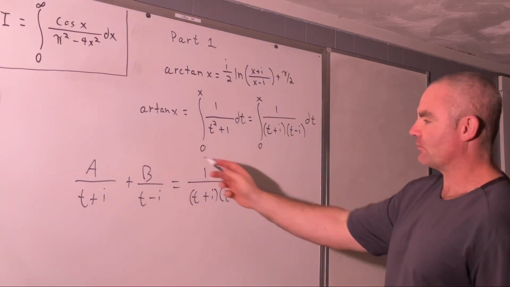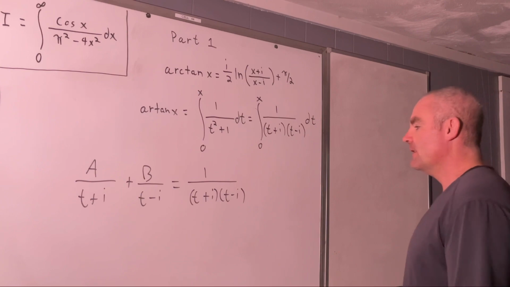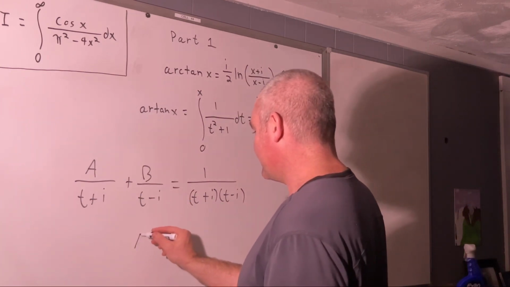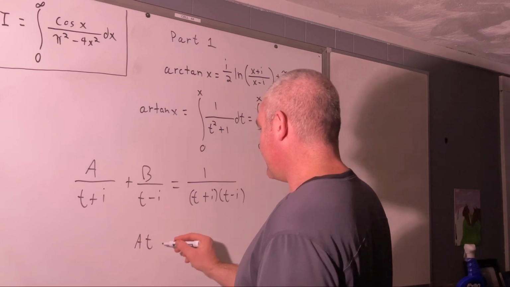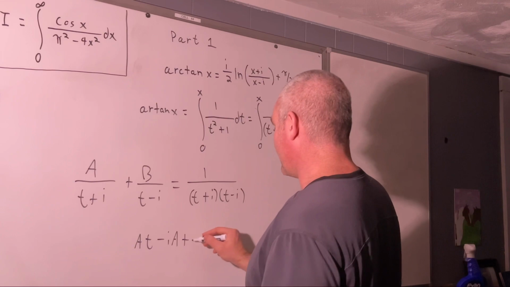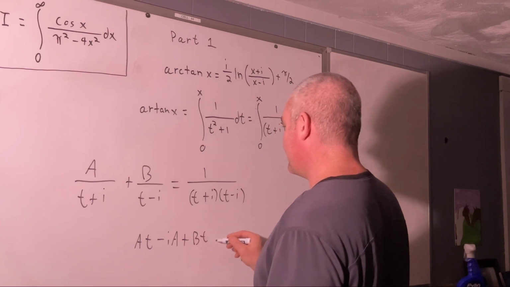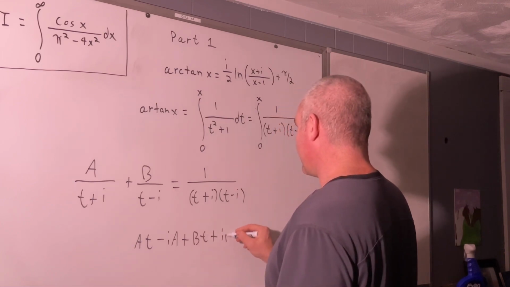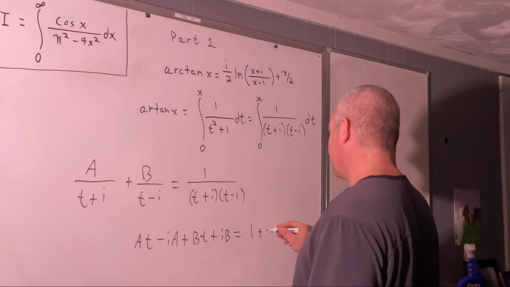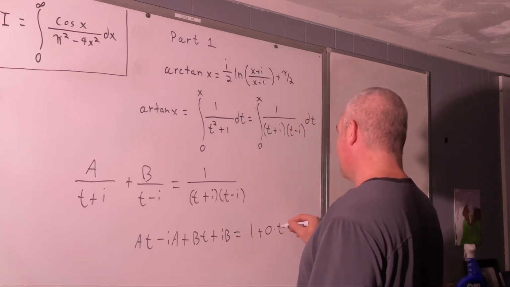I don't even need to really do this part, but I'm going to. Let's see, this would mean a t minus i a plus b t plus i b is equal to 1 plus, of course, 0 times t.